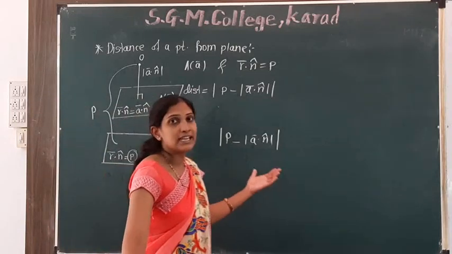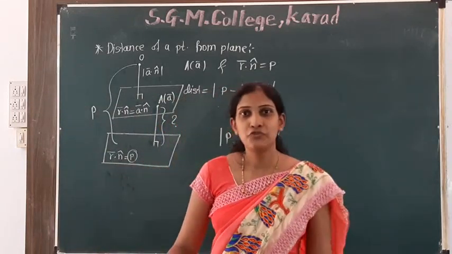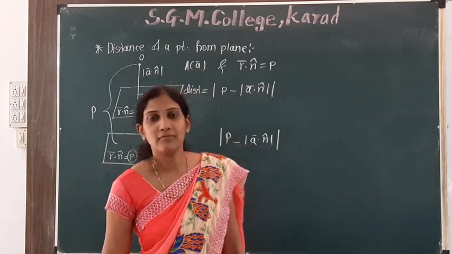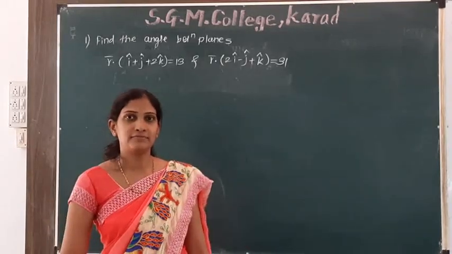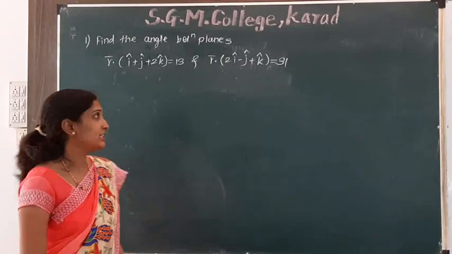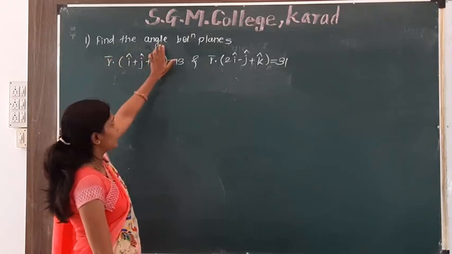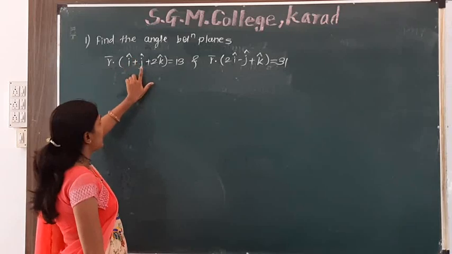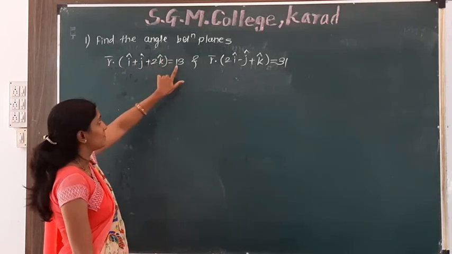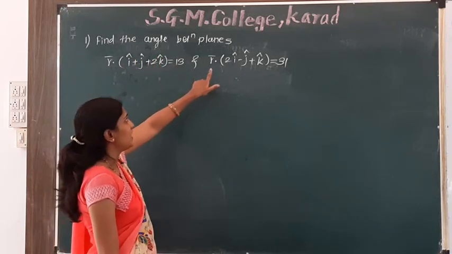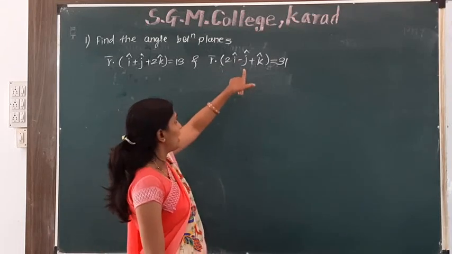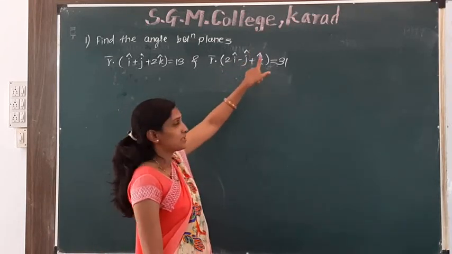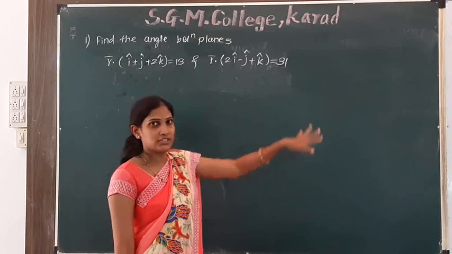Now look at some examples. So first example is, find the angle between the planes R bar dot I cap plus j cap plus 2k cap is equal to 13 and R bar dot 2I cap minus j cap plus k cap is equal to 31.